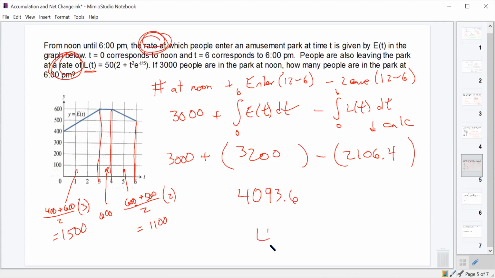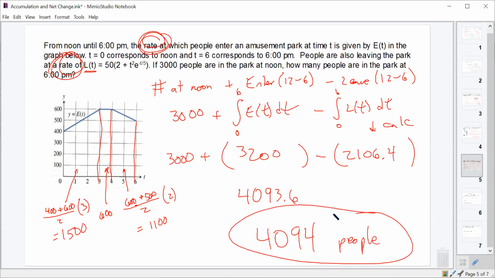Well, we'll round that. I don't think we're going to have part of a person. If the person isn't halfway through the exit already, we won't count them as having left. So we'll call it 4,094 people. Good or no?